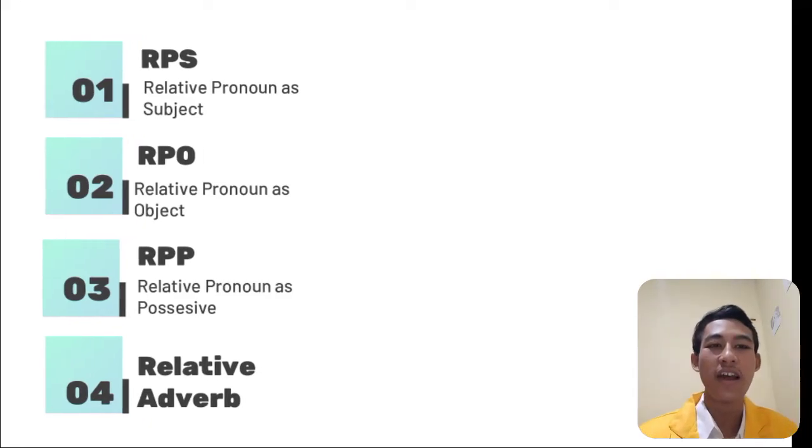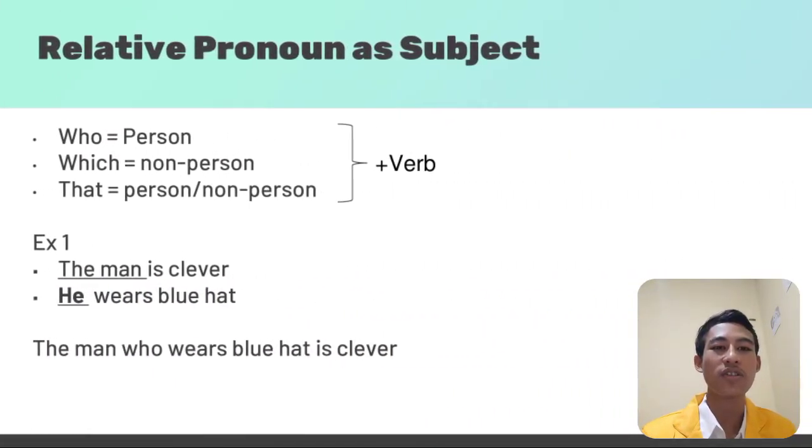Now I will explain to you about relative pronoun as subject. The conjunctions of relative pronoun as subject are who, which, and that. Who is used to replace a person, which is used to replace a non-person, and that is used to replace a person or non-person.